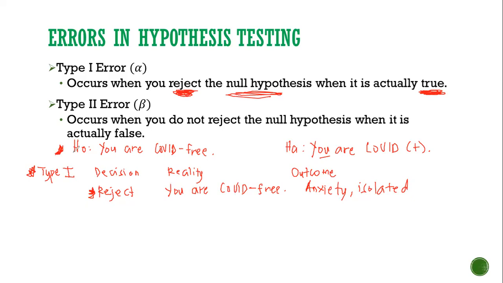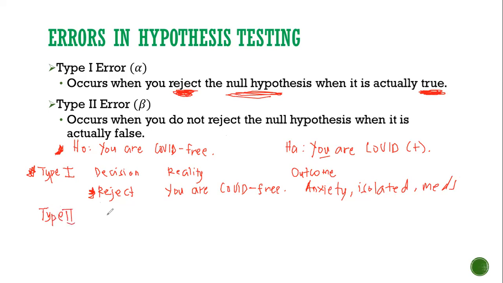Pero hindi nakagawa ka ng type 1 error, ni-reject mo. Ang sinabi mo, ay, COVID positive ka. So yung outcome sa patient, nagkaroon siya ng anxiety, kailangan niya ma-isolate, kailangan niya mag-take ng medicine, ng meds. So that's type 1 error. You rejected a null hypothesis that is true. Okay? So tingnan naman natin, compare natin siya sa type 2.